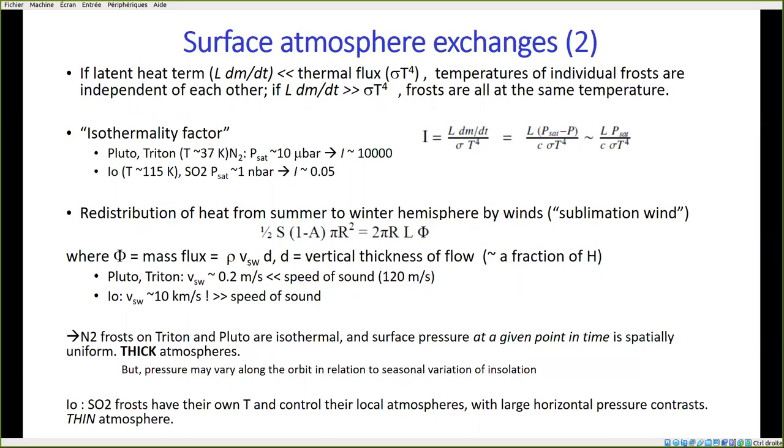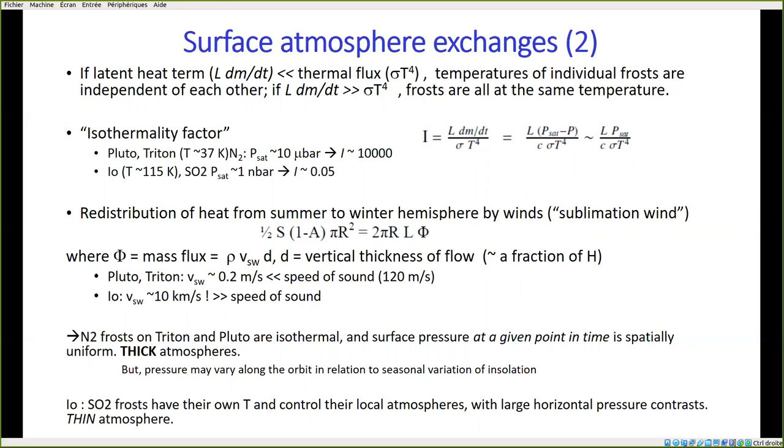So for that, we can write that half of the solar energy deposited in the summer hemisphere, half of this energy is transported to the winter hemisphere. So we can find the required mass flux. And by assuming some vertical thickness of the flow, we can deduce the required speed.